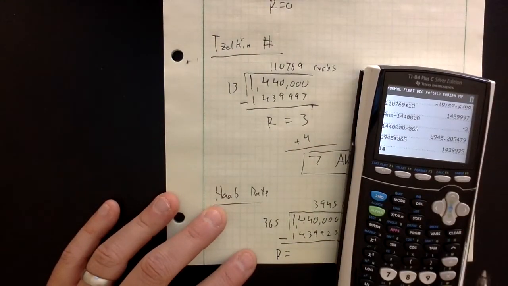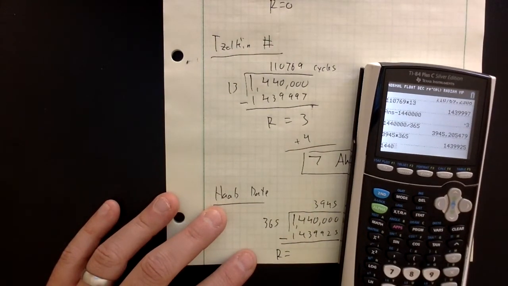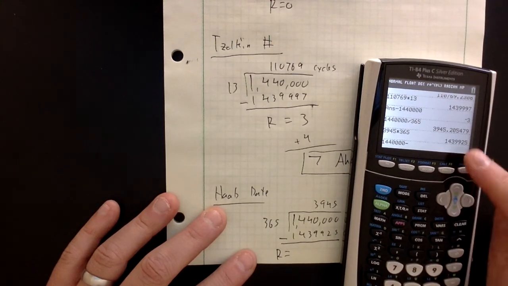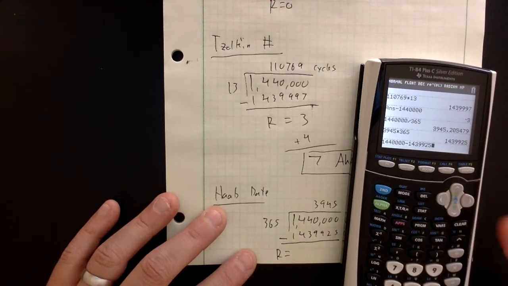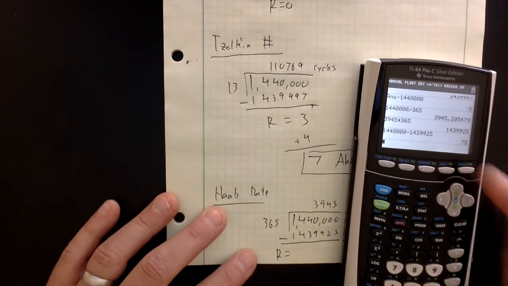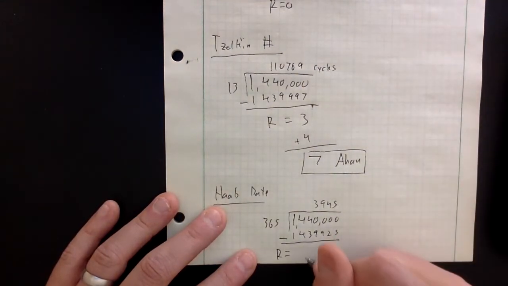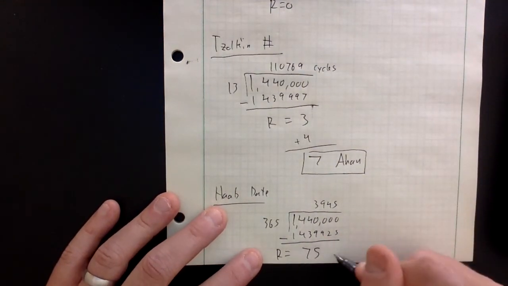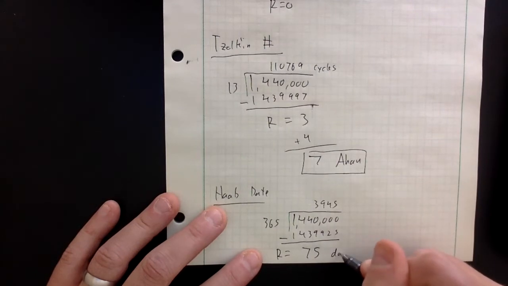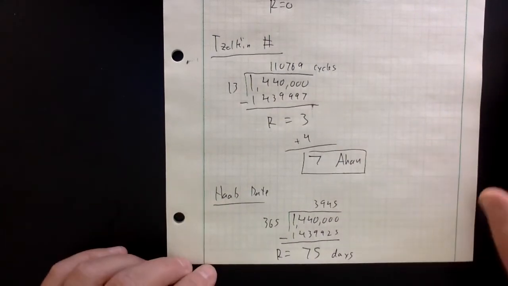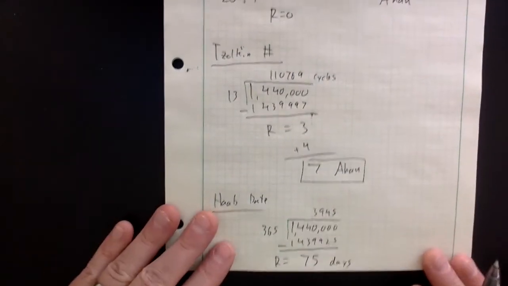I'll just plug that in, 1,440,000 minus that value already saved, and we get 75. And as a note, when we get this remainder, this is 75 days.